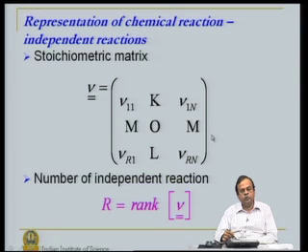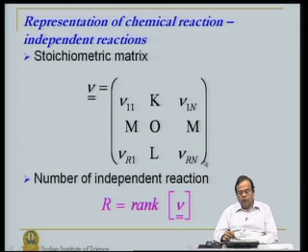So, if you go back to our set of reactions, write this matrix and try to find the rank. What rank do you expect? You expect the rank to be 2. That means there are only 2 independent reactions, and we need not consider the third reaction. It is important that we consider only independent reactions, and reasons for this are manifold.